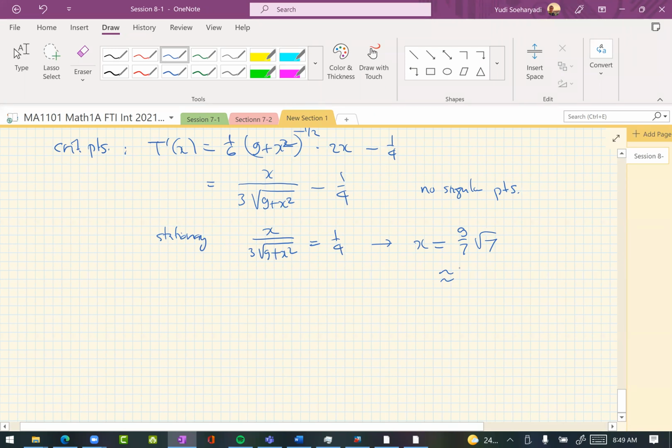I can calculate it, and then check the sign. x is between, and this number is 9 over 7 times square root of 7. Pick up a calculator. What should be the number?